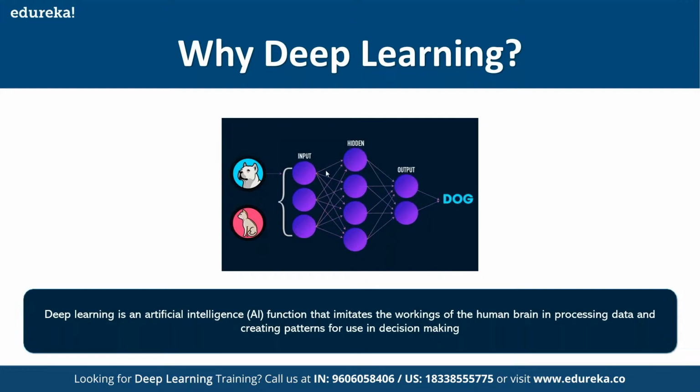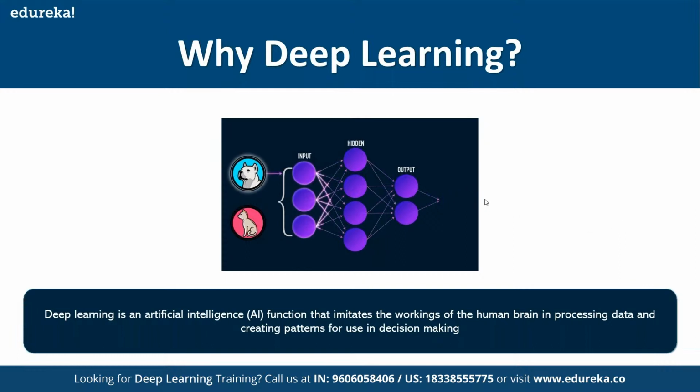Now, the arrows that you see represent the connections between the respective layers. The individual component that you see over here is called a neuron. If I have a connection from one neuron in the previous layer to every neuron in the next layer, then we call this network a dense network.